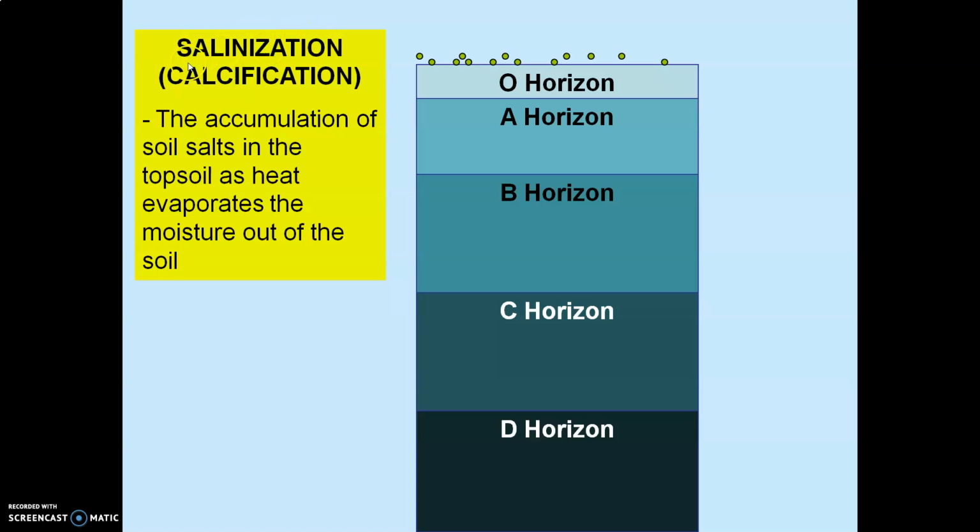So salinization or calcification is the accumulation of soil salts in the topsoil as heat evaporates the moisture out of the soil. So that white line that you would see is the soil salts. That is the process of salinization.